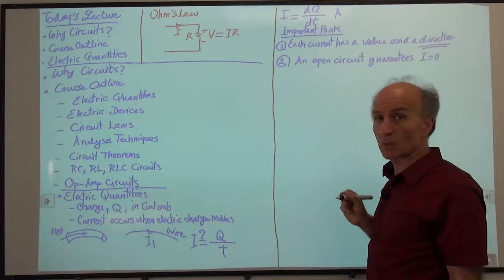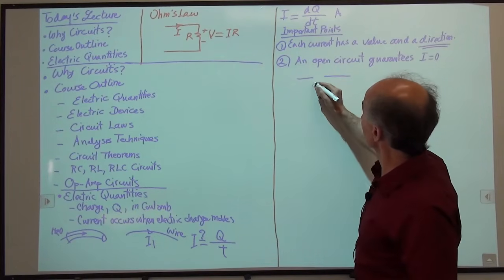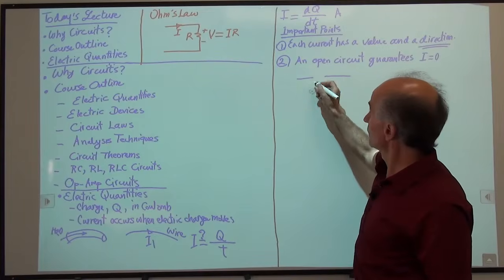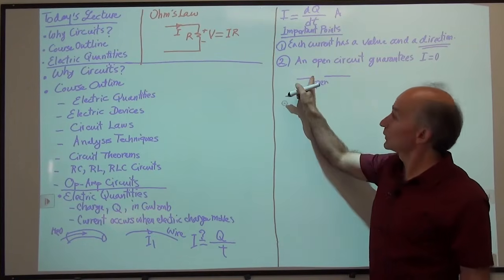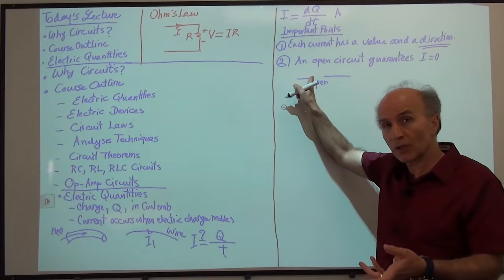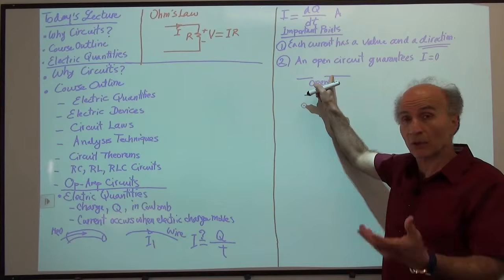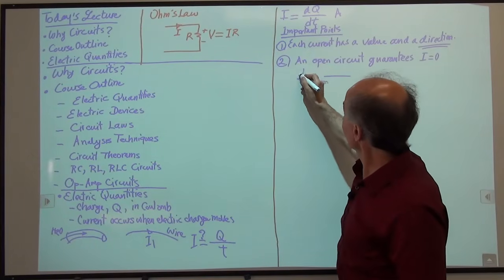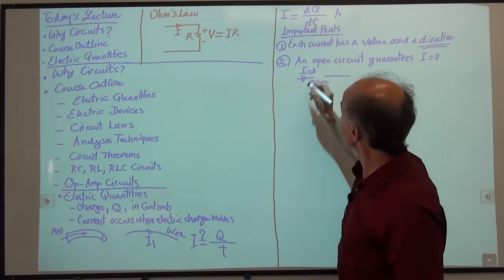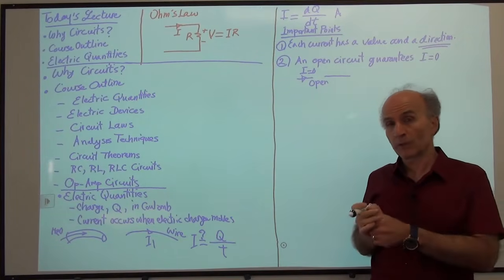So open circuit means what? Means, for example, I have a piece of wire and I break it, right? So there's a break between these two. There's an open circuit. And now we don't have any path for the charge to flow from here to here. If there's no path, there's no current, right? So we say that this current is guaranteed to be 0. So that's all we can say when we have an open circuit.